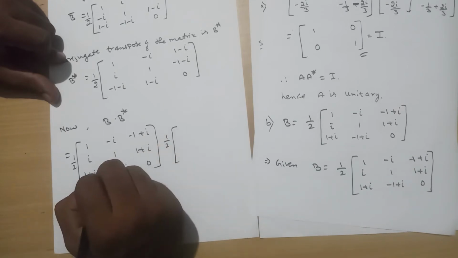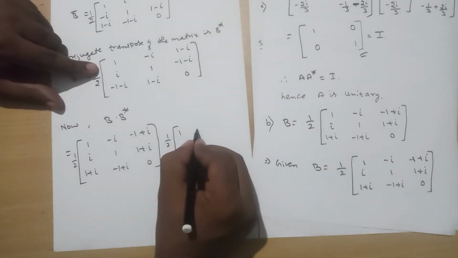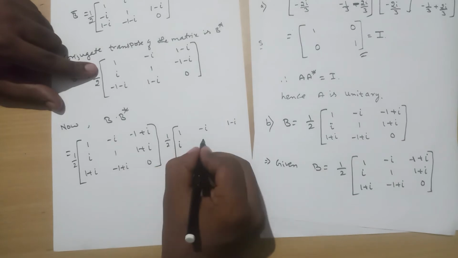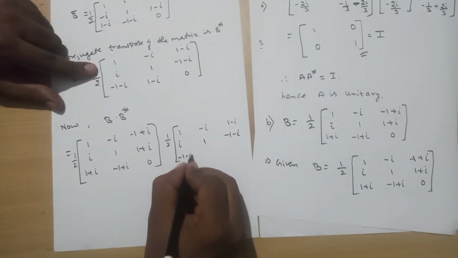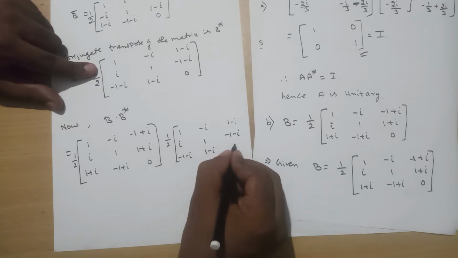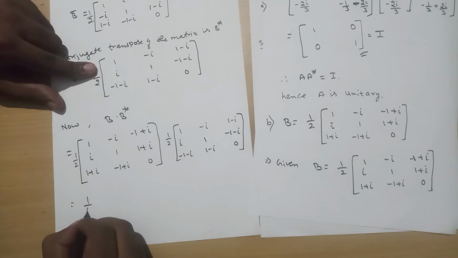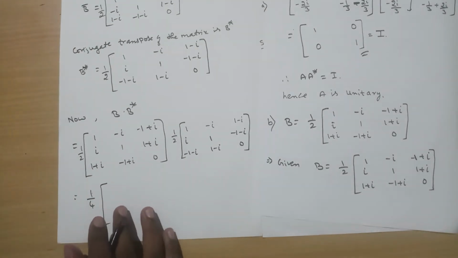So 1 by 2 times of what you get here, 1 minus I, 1 minus I, 1 minus 1 minus I, minus 1 minus I 1 minus I 0. So you'll get 1 by 4 into. So what do you get here?